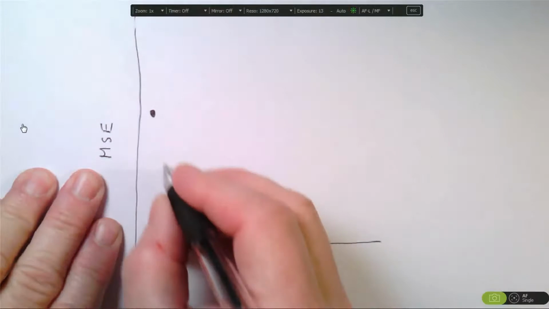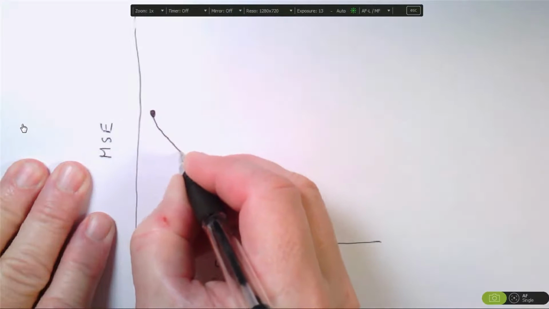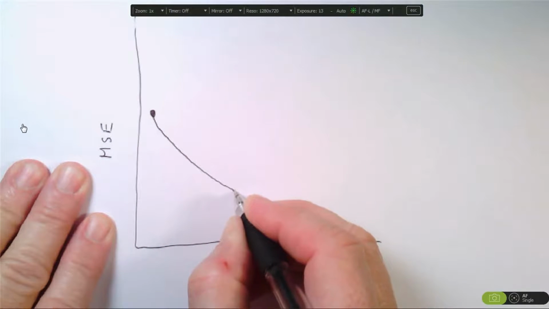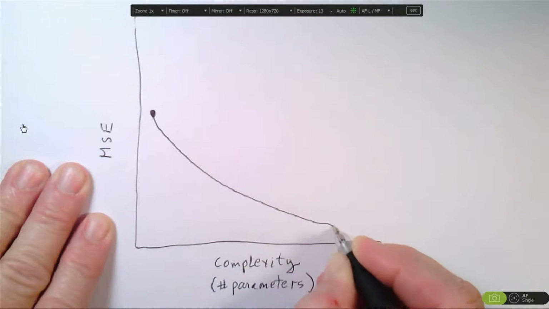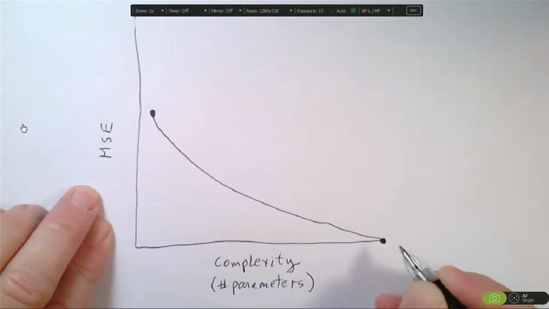But as the model complexity goes up, on the training data, the performance will improve, and it will continue to improve as the bias is removed, because the model becomes sufficiently complex to actually fit what's going on in the data. But then it will continue even further, and eventually it's going to fit the data essentially perfectly.